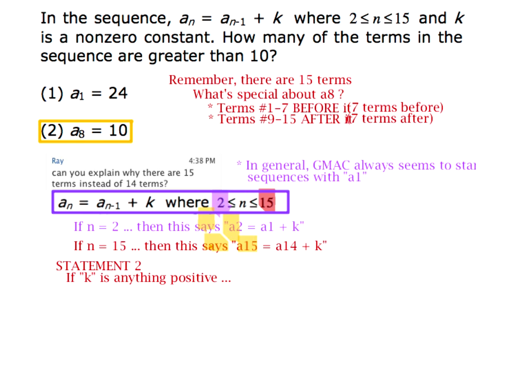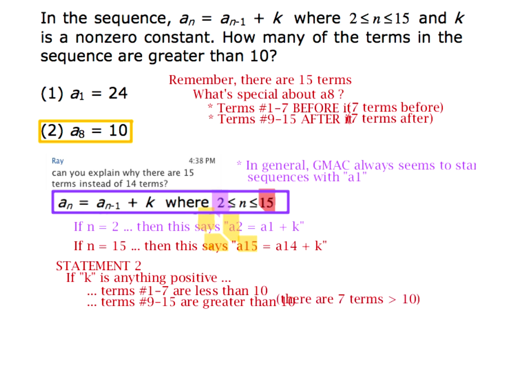So terms number 1 through 7 are less than 10, and terms 9 through 15 are greater than 10, because term 8 is 10. So 7 terms are always more than 10. That's going to happen for any value of k whatsoever.